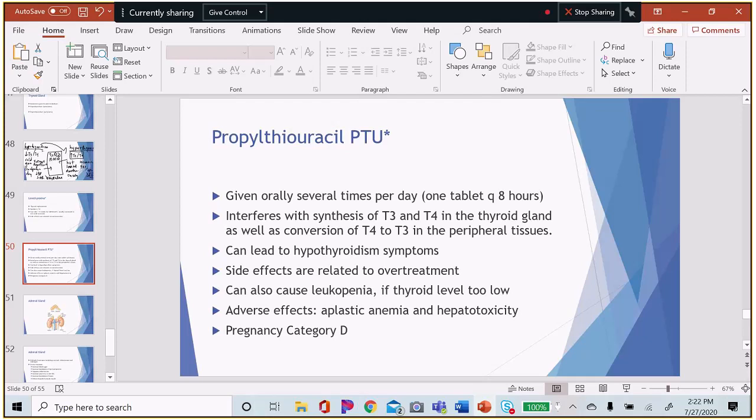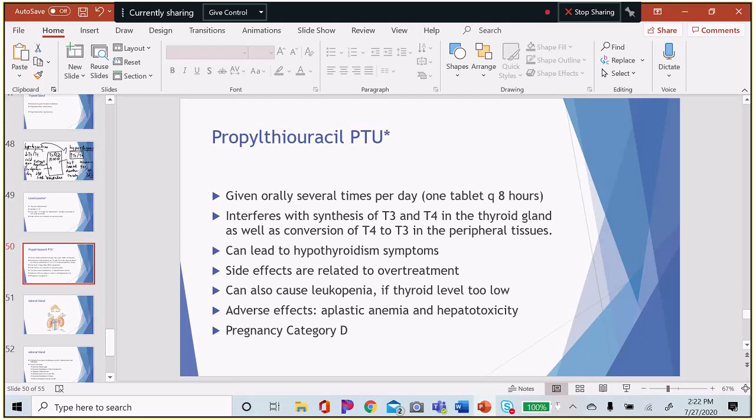The medication that is given for hyperthyroidism has more side effects and adverse effects than the medication for hypothyroidism. So this medication, PTU, is given several times a day, 1 tablet every 8 hours, and it stops or interferes with the synthesis of thyroid hormones. And so just like the other, the side effects could be related to overtreatment.